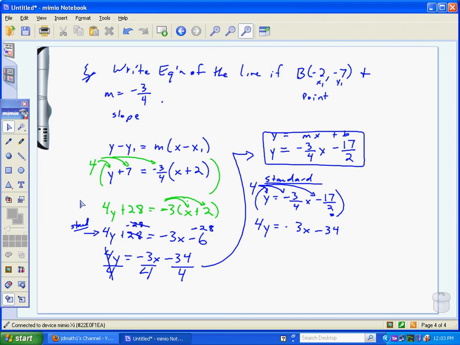Well, to get my stuff into standard form, I got to get my x's and y's on the same side, so I'm going to add the 3x over to the left-hand side. It's going to cancel there and there, and I'm going to get 3x plus 4y equals -34. Beautiful. Ax plus by equals c form.